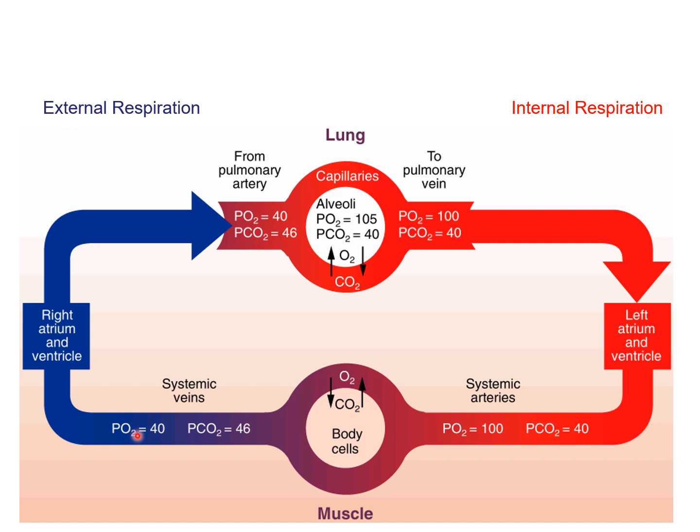Here PO2 drops markedly to around 40 mmHg; millimeters of mercury is abbreviated to mmHg. PCO2, because we're producing more of it, increases to around 46 mmHg. That goes through the right atrium, the right ventricle, and back to the pulmonary arteries, where the whole process starts all over again.